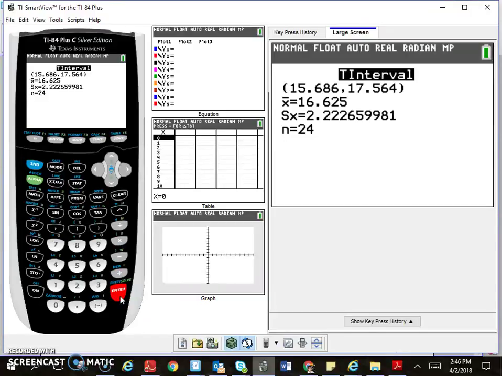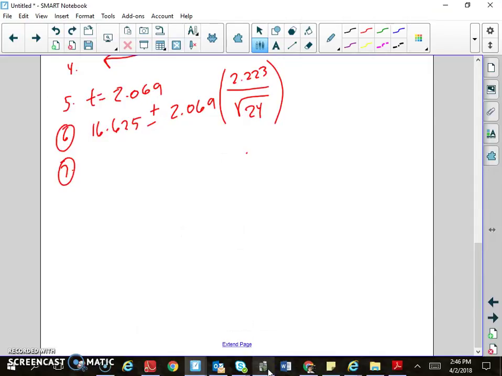So step 7, the interval is 15.686, comma, 17.564. And then step 8 is where you write out the conclusion for the confidence interval, or you follow the template, but you don't have to.